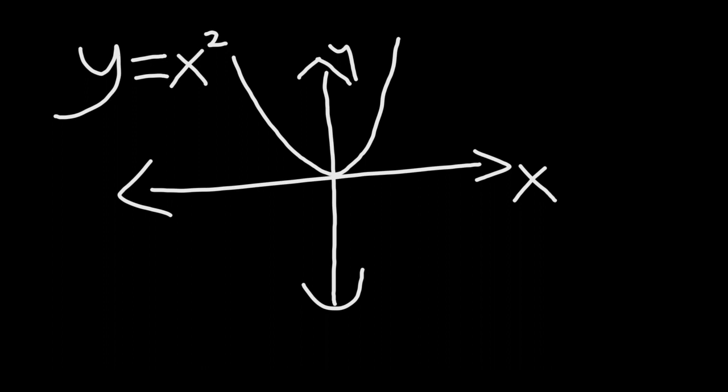So if I have a tangent line, so this is a tangent line. Okay. So we are saying that the derivative of this function is at the point where the tangent line touches the curve.